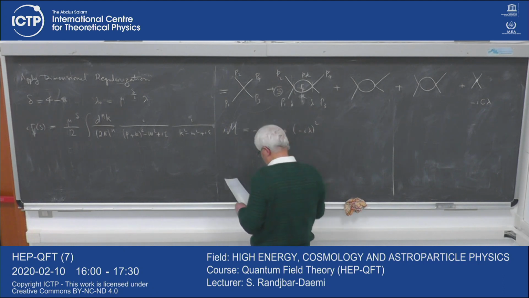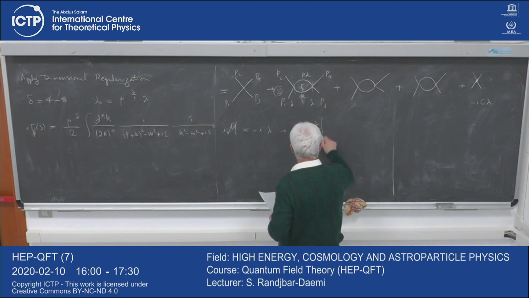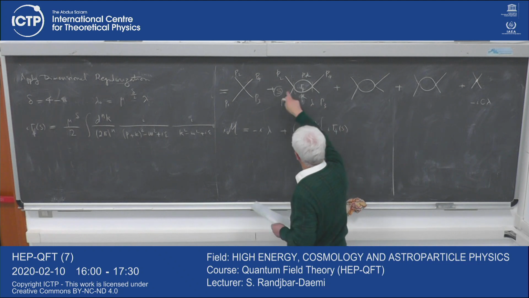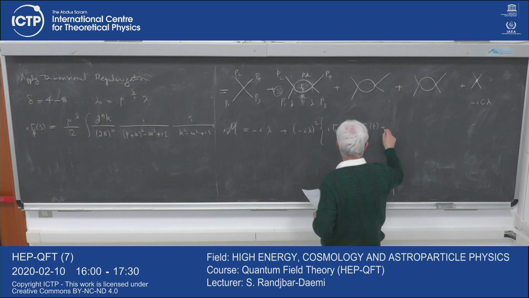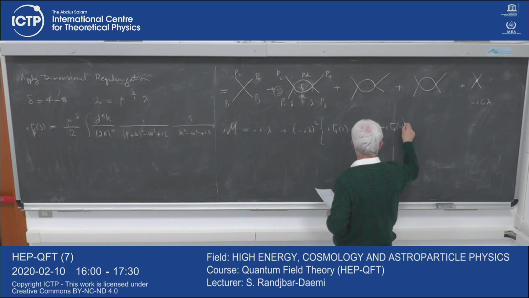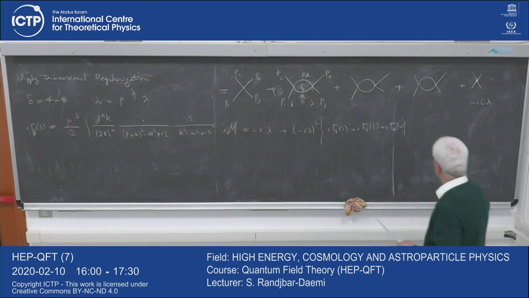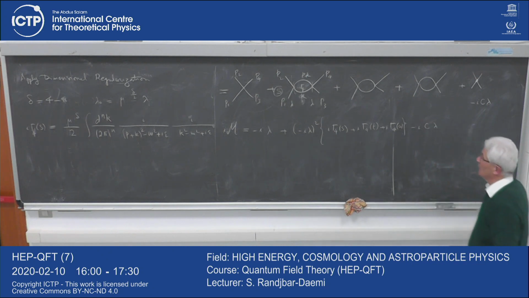The coupling constant factor I am putting in front, not including in gamma. And here, the contribution of this graph is I gamma S. The contribution of this other graph is I gamma 4t. And the contribution of this graph is I gamma 4u, plus the contribution of constant minus I c lambda.